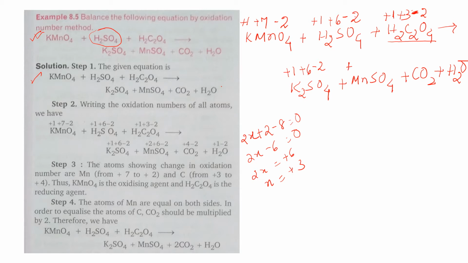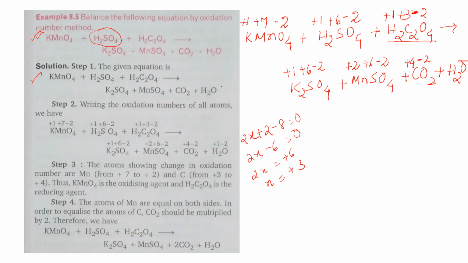Sulfur we are getting +6, and this is -2. That means -8. So Mn is equals to +2. CO2, this is -2. That means -4, so carbon will be +4. And H2O you need not write, because you know that H2O is 0, so you need not write.